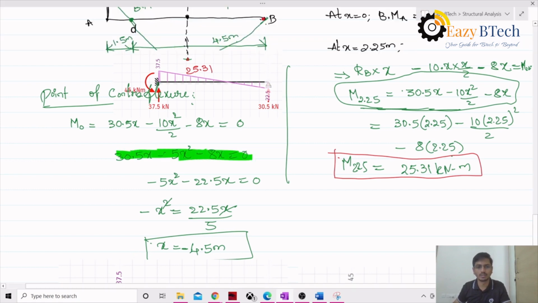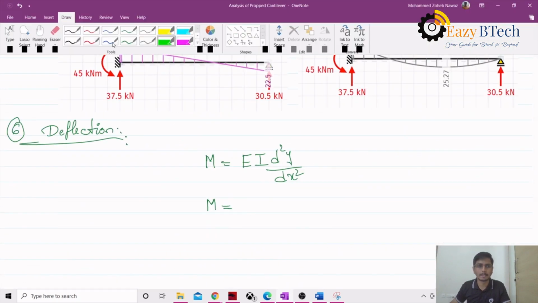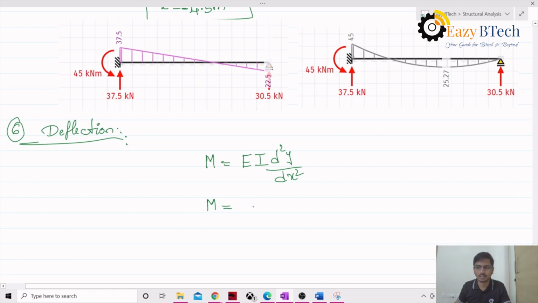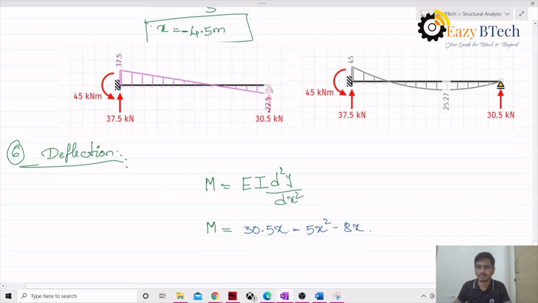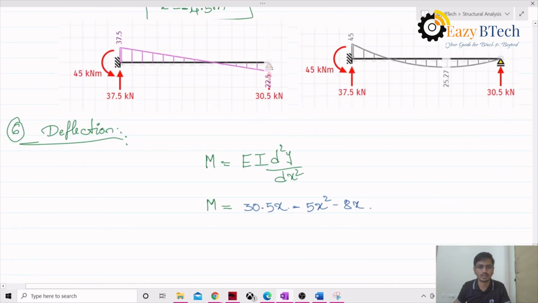This is very helpful in this case. That is 30.5x, reaction 30.5 into x, minus 5x square by 2, minus 8x. This is the equation we have developed.